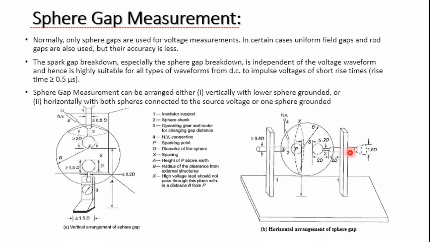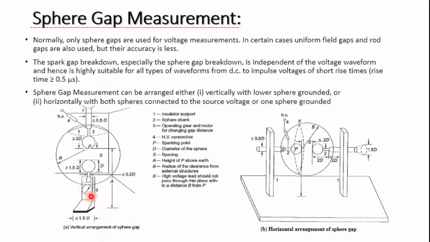So this is the other arrangement you can see. One is the insulator support. This is the minimum clearance required, two is the sphere shank, and the third one is the operating gear.